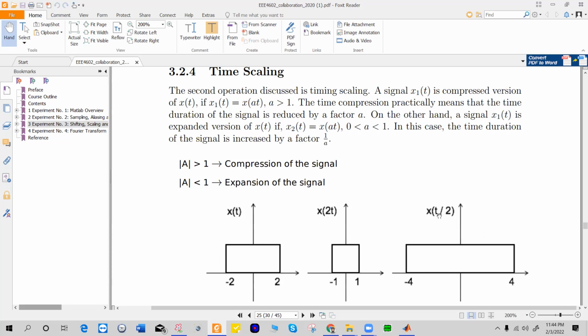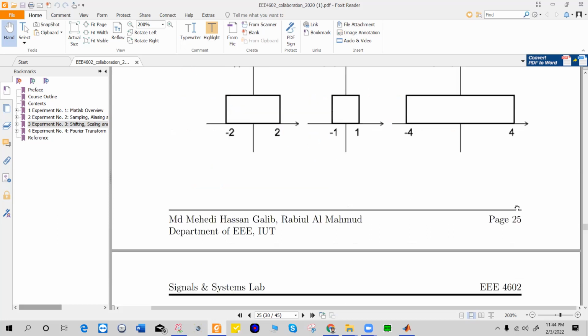And if we divide time t with 2, then the signal is being expanded. So the bottom line is, if you multiply t with any constant value higher than 1, then your signal will be compressed, and if you divide it, then your signal will be expanded. So these are the properties of time scaling.